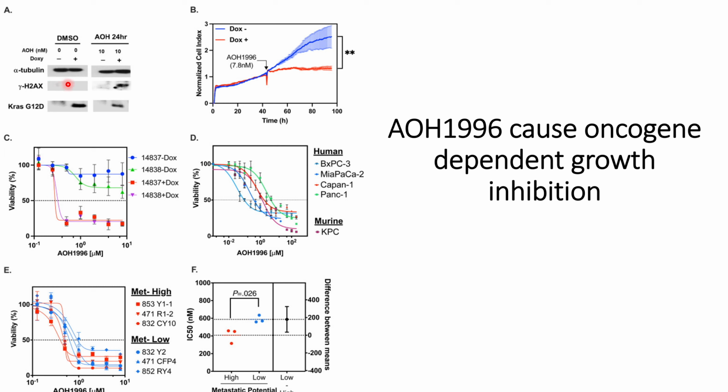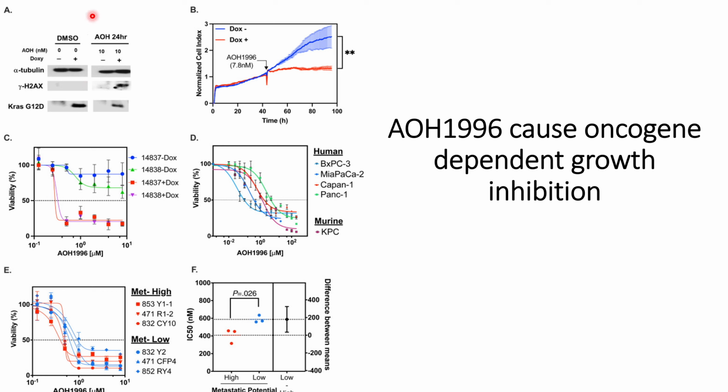blot. But in the case of DMSO, when there is no KRAS mutation, we do not see gamma H2AX, and when there is a KRAS mutation but no AOH, we do not see any gamma H2AX, indicating that in the normal pancreatic condition, and in mutated conditions also, not much DNA damage occurs.